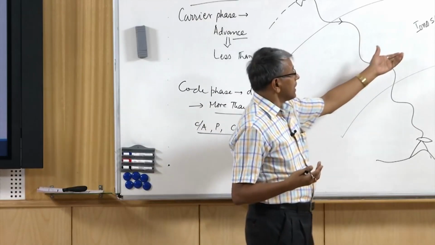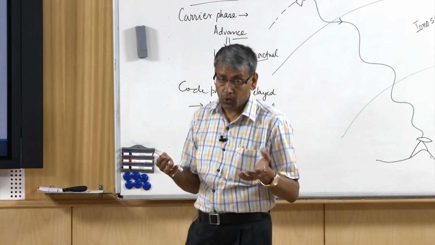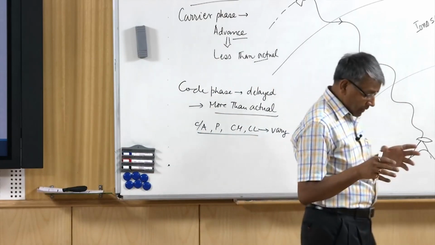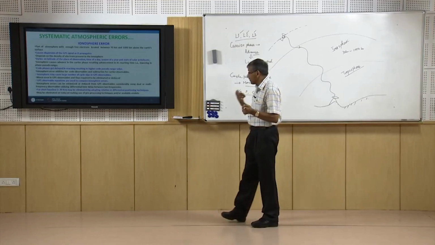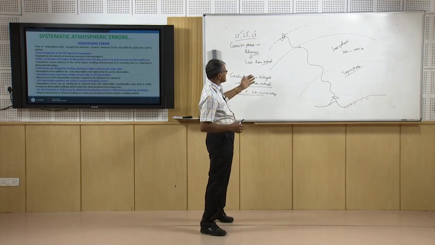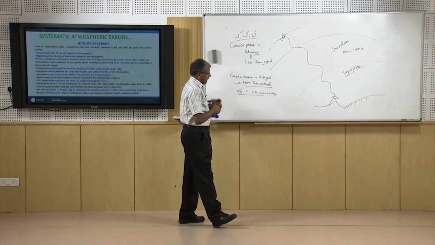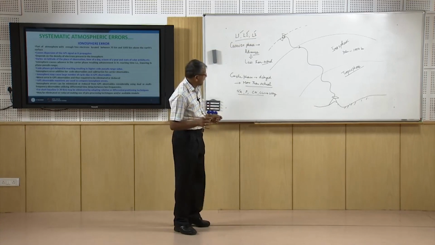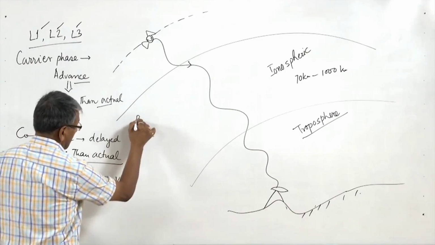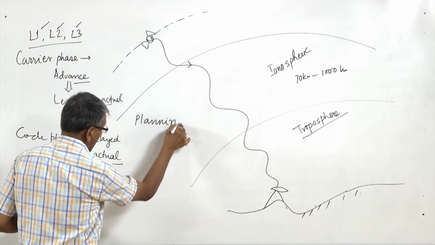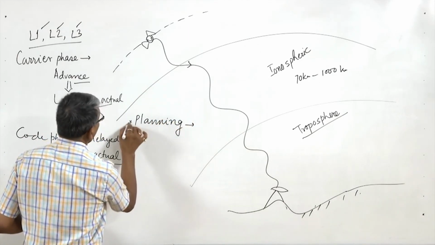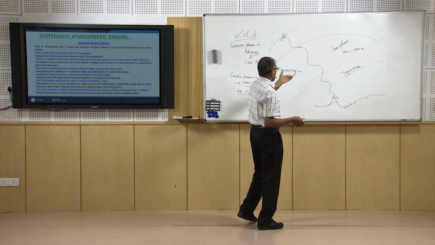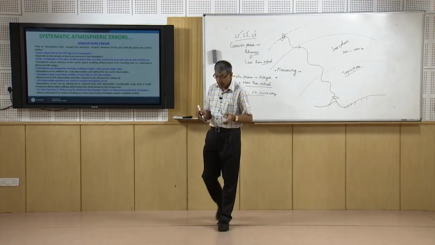An ionospheric activity chart is also available on the internet. So we should plan well in advance when to take our observations, so that ionospheric action is less. That is one way to minimize the ionospheric error: proper planning and observation schedule. Still, in spite of our best efforts, there will be ionospheric error in the GPS observable.